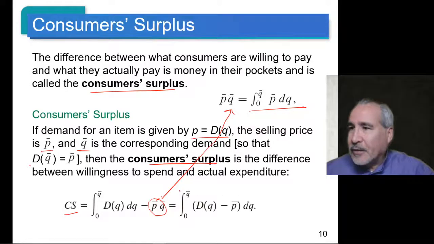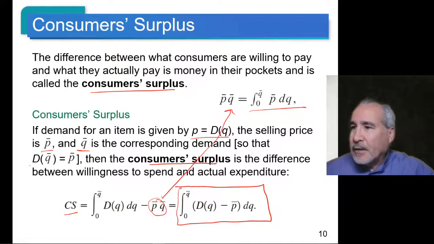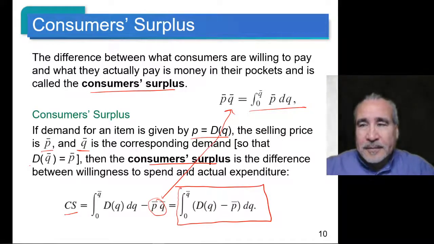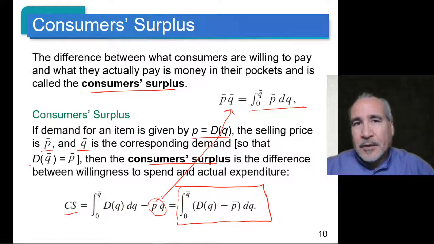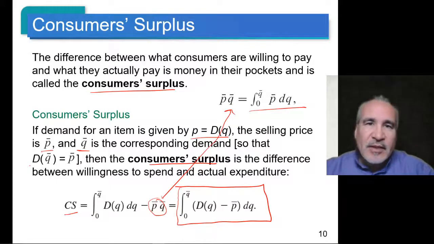Okay, so this is what you need to remember for consumer surplus. You're going to see for producer surplus, we just switch the area because we want the area above the curve that we're able to get. So remember these two things, area between curves and Riemann sums.